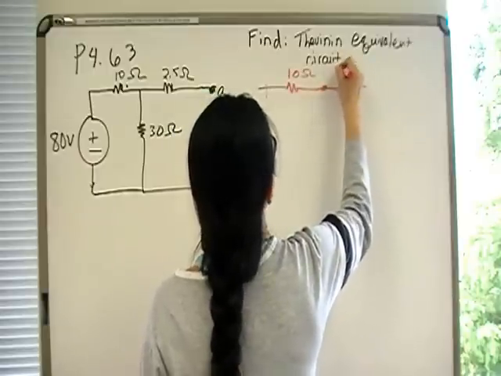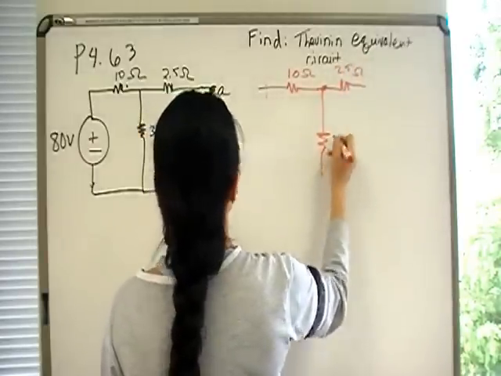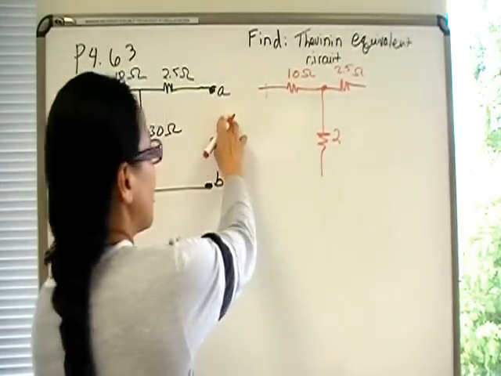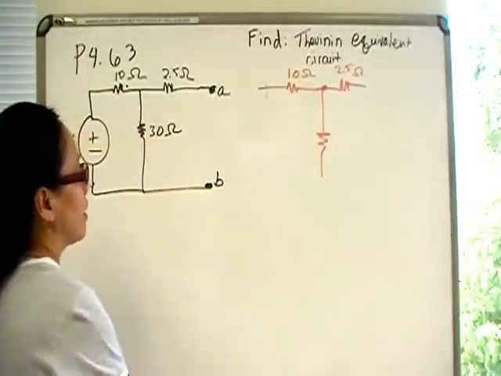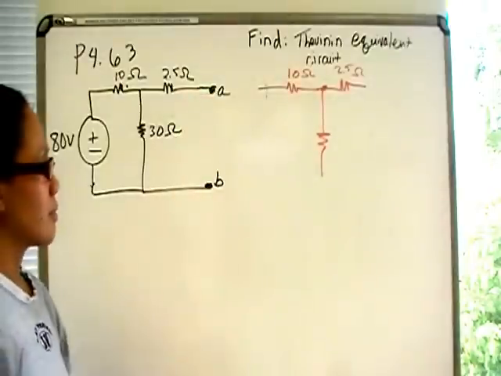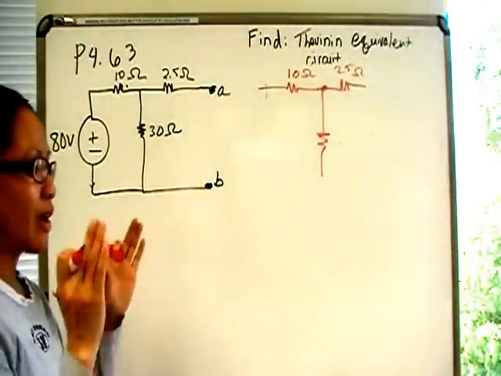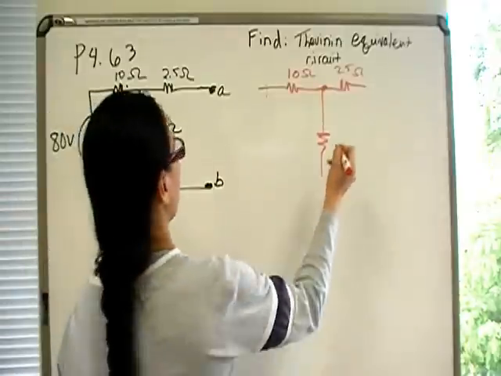I got my 2.5, and what we're doing here is we're finding what is the resistance seen by the load, right? Obviously, this represents the load. It's kind of like these are the two eyeballs of a load that you want to attach to some kind of complex circuit.